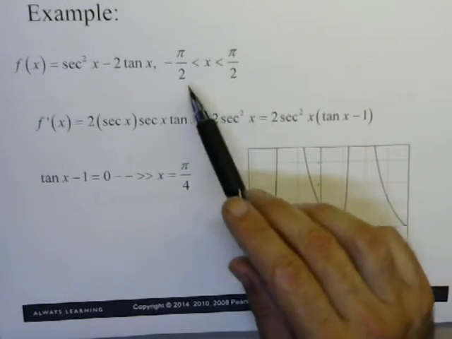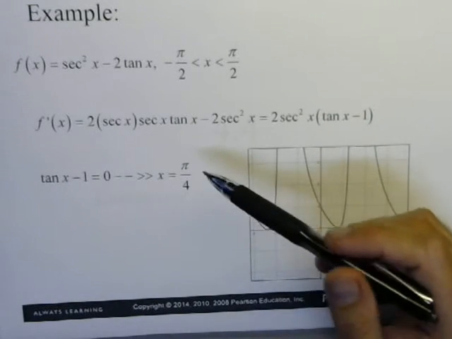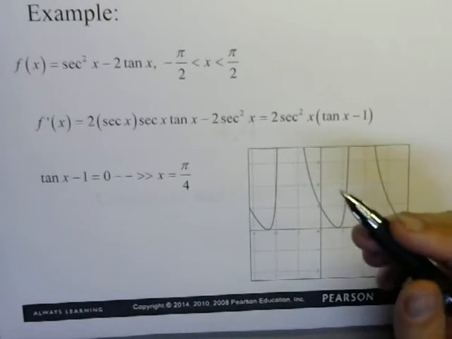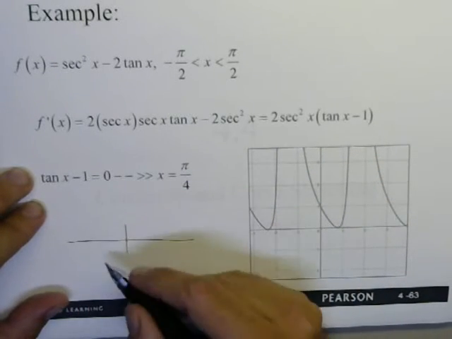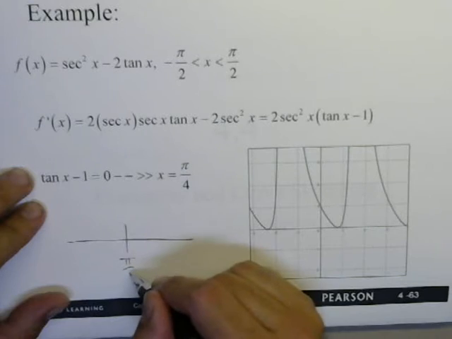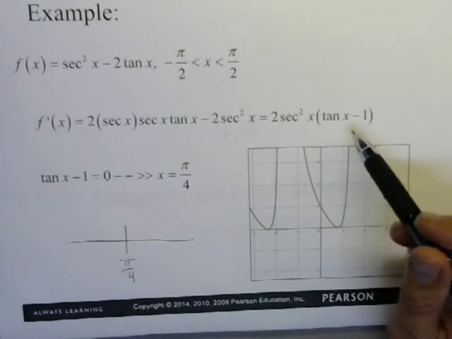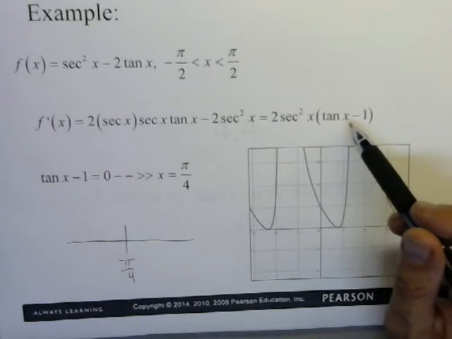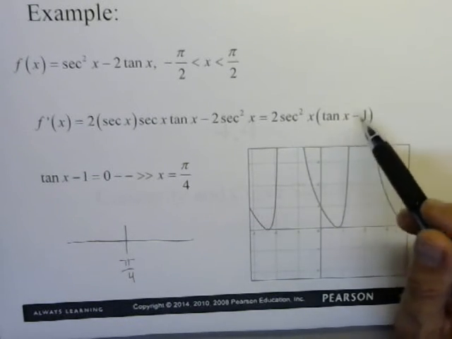And remember, we're doing this in a closed interval, so I'm only interested in the interval between negative pi halves and pi halves. And so if you look at the slope there, if I make my cut point at pi fourths here, if I pick a value to the left of pi fourths, that will make this number negative here.